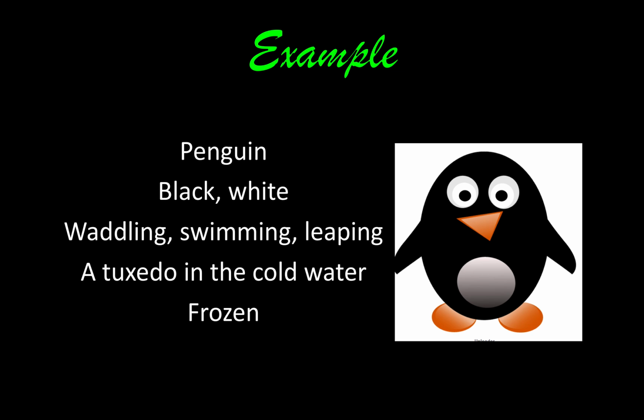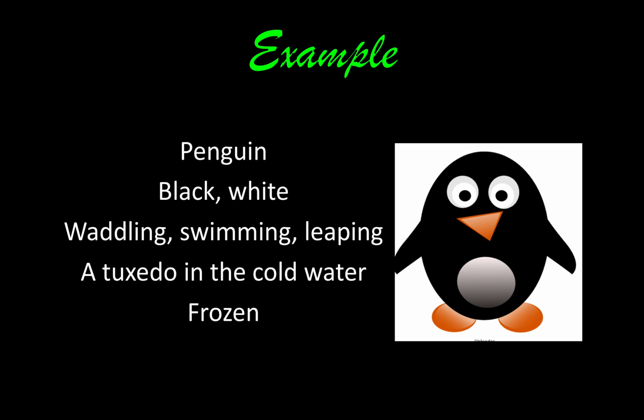Yep, it's in the second line. Black, white. How many syllables is that? Yep, it's 2 syllables. How many syllables is it supposed to be? Absolutely, it's supposed to be 4. So this line is not exactly right, and this author would need to fix theirs. But it is a description, which is good.